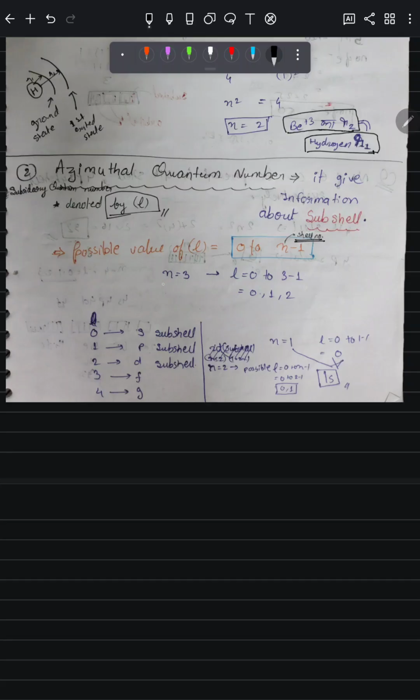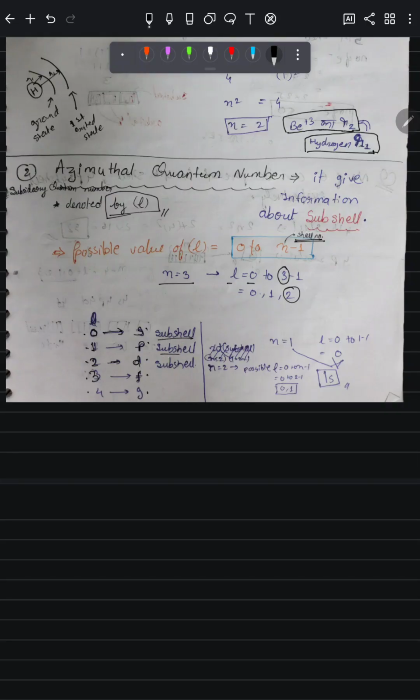So if n is equal to 3, then the possible L's are 0 to n minus 1, which means 3 minus 1, which is equal to 2. For 0 it is S, for 1 it is P, for 2 it is D, for 3 it is F, just like S, P, D, F, G, and the values of L are 0, 1, 2, 3, 4.